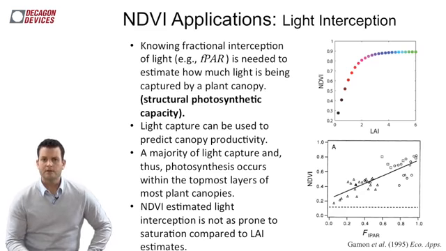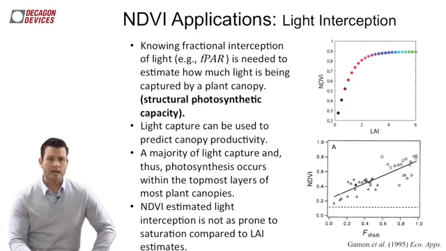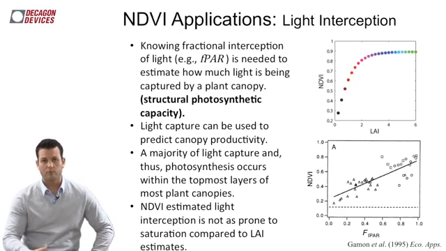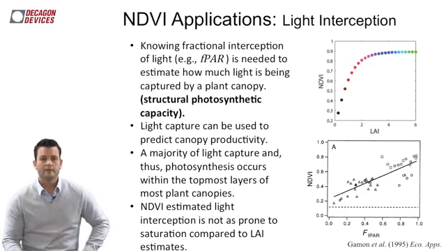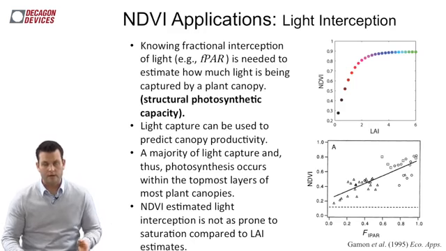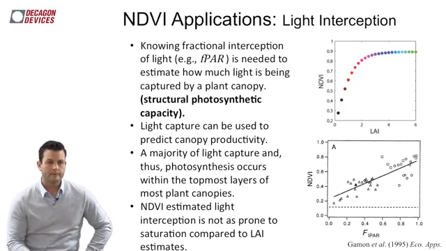That's why you can see in the figure in the bottom right a fairly nice linear relationship between NDVI and FPAR, or fractional light interception, even up to really high values, up to about 0.8, 0.85. And if we were to extend the observations up to higher and higher values of fractional interception, that curve would more or less stay linear.